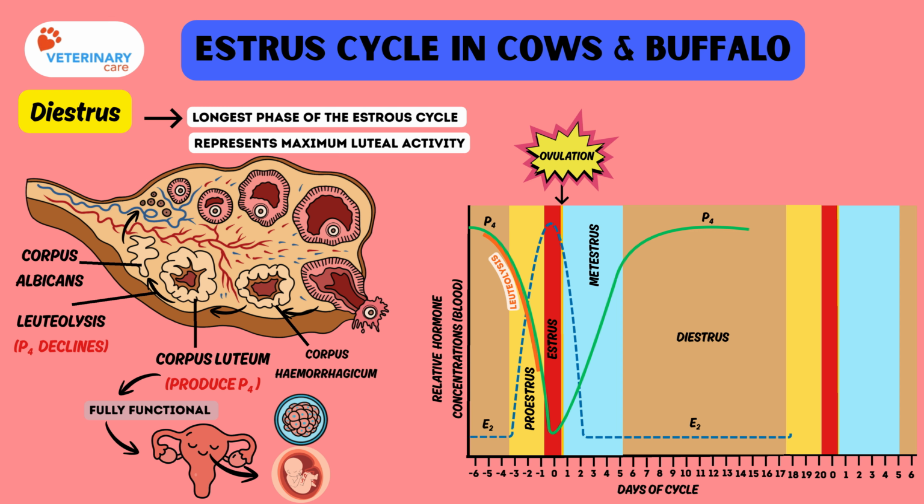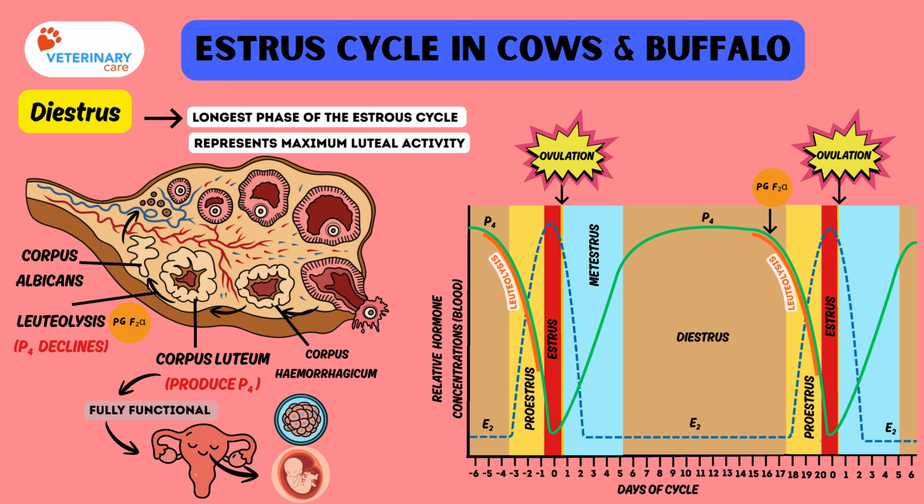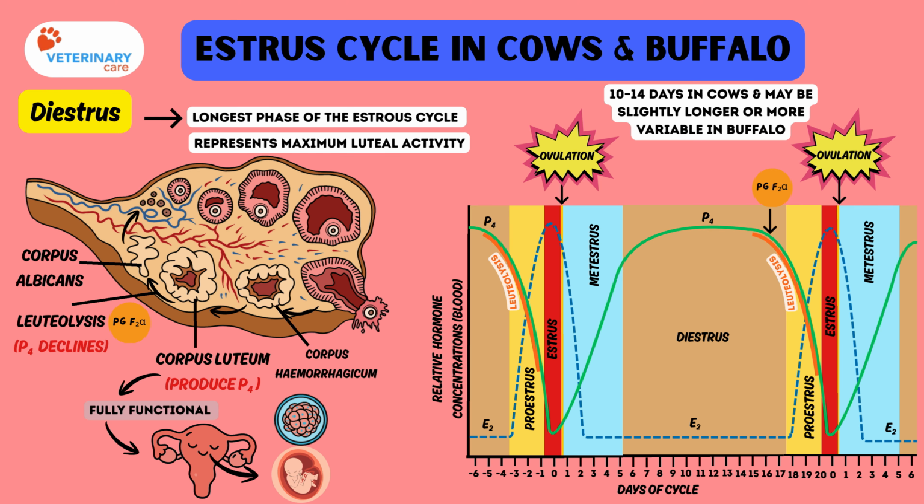If pregnancy does not occur, prostaglandin F2-alpha causes luteolysis, progesterone levels fall, and the cycle returns to proestrus. On the graph, diestrus appears as a sustained progesterone plateau with low estradiol levels. Diestrus lasts about 10 to 14 days in cows and may be slightly longer or more variable in buffalo.